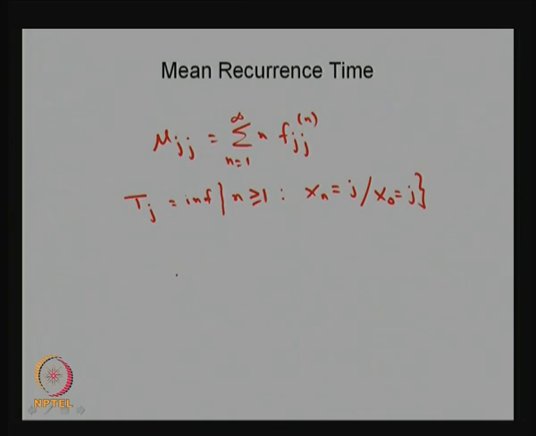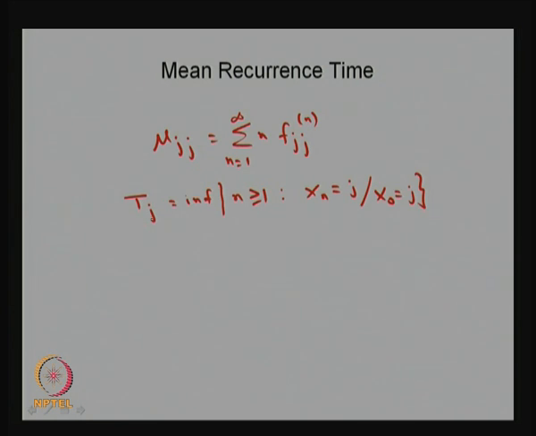This is a random variable denoting the first return time to the state j. You look at the nth step and find out the first time you return to the state j, starting from the state j. Whatever that first integer is, that is going to be t j, and this is going to be a random variable.